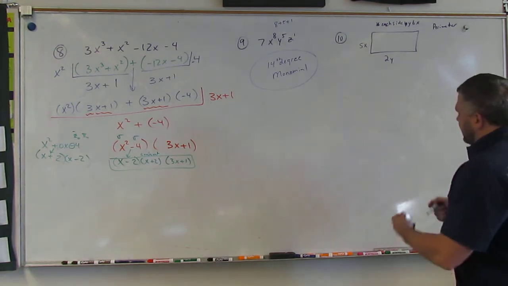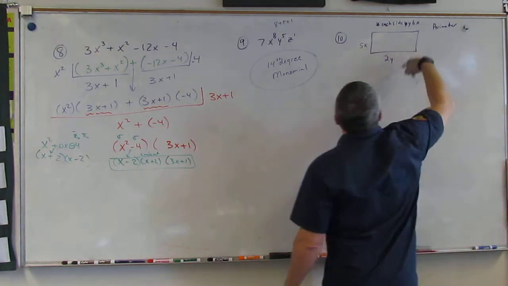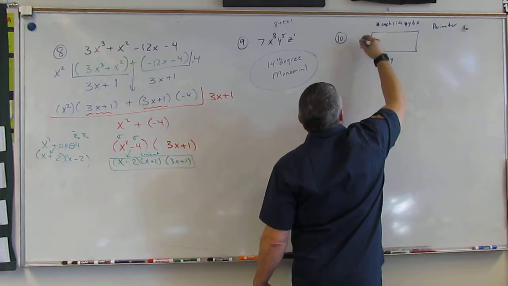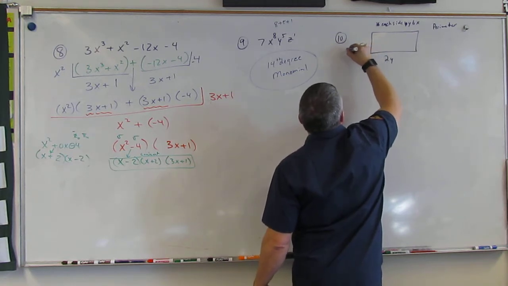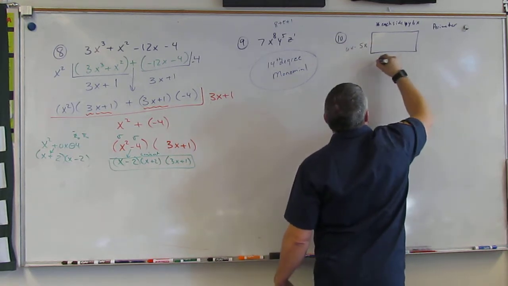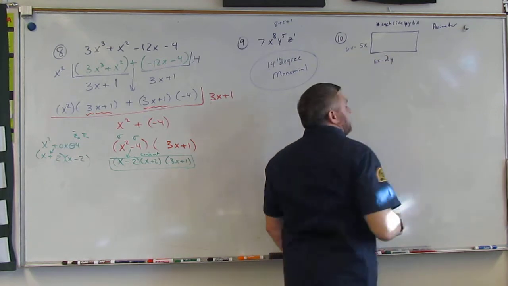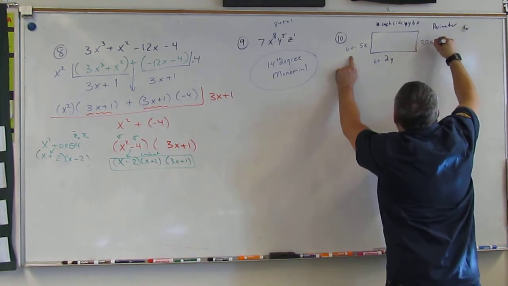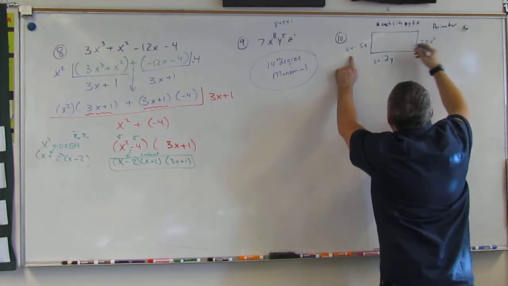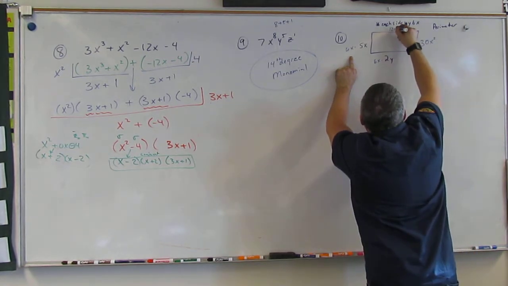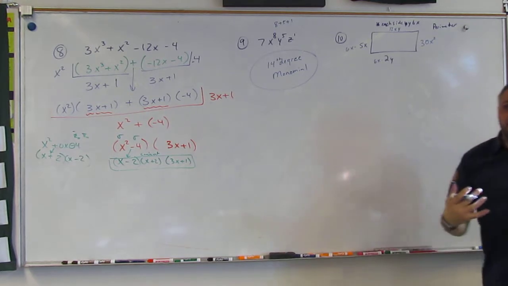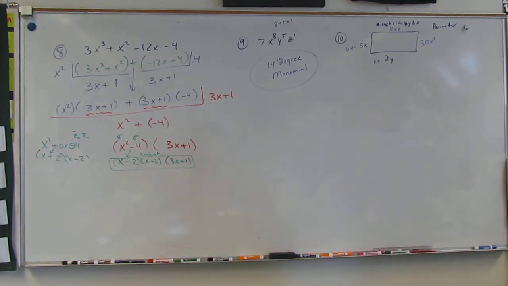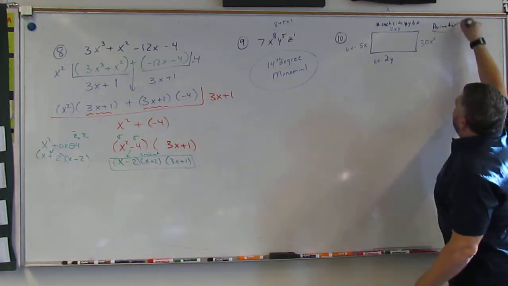Alright, next. They want you to multiply each side by 6. That means this side's got to be multiplied by 6x, and this side's got to be multiplied by 6x. So I've got 30x squared, and I've got 12xy. But then I'm going to add the sides because it's perimeter.